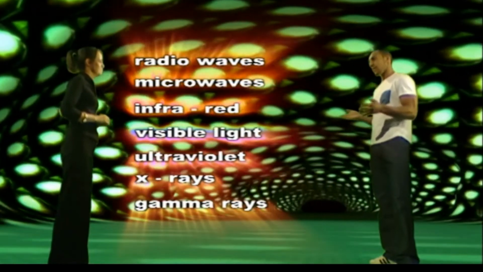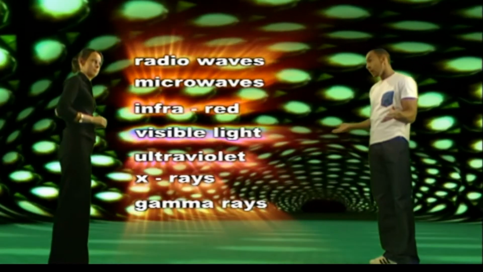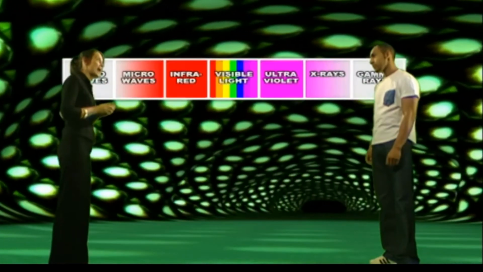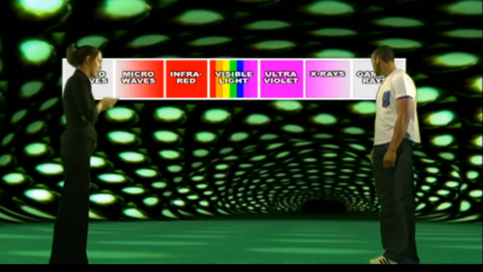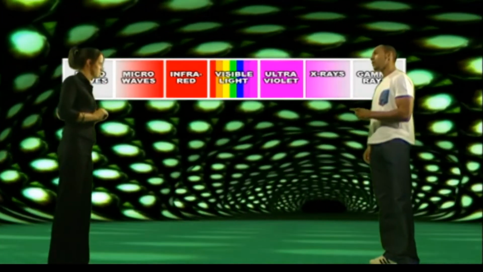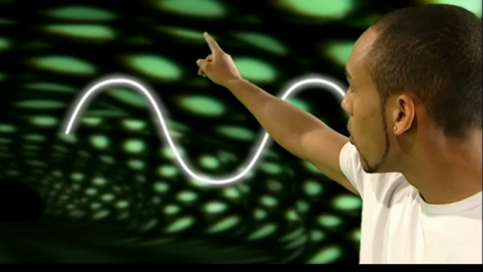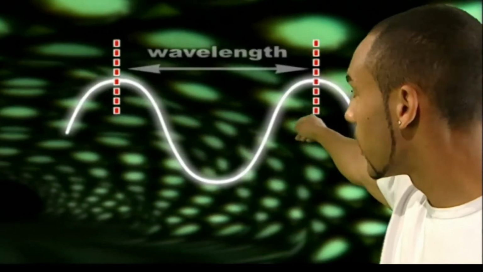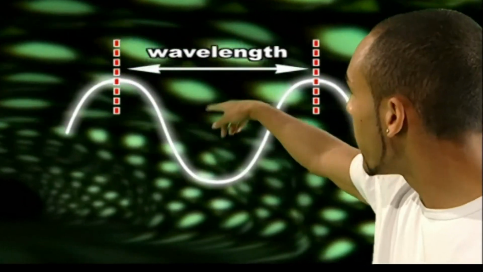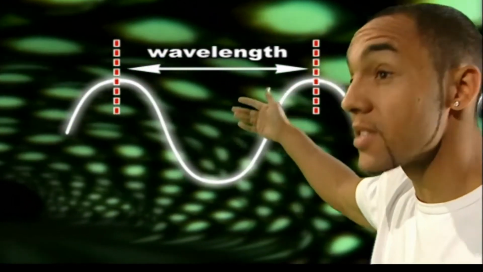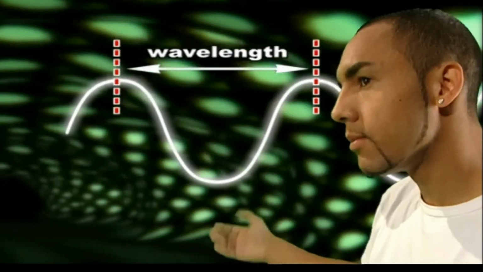Okay, that makes sense, but why are the waves arranged in that order? The waves are arranged according to the size of their wavelength and frequency. Oh, I know what this means. If we take a wave like this one, the distance from one peak to the next peak is the wavelength, and the number of peaks or complete waves you get in 1 second is the frequency? Precisely.